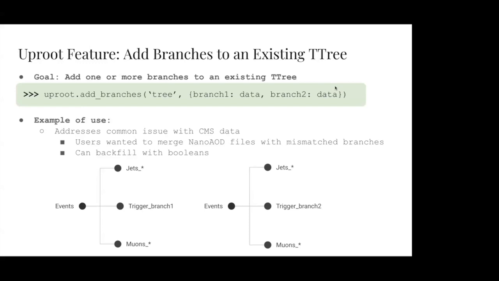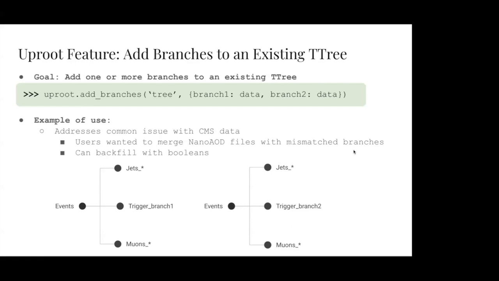So yeah, here's the specific example that initially started this project. There's a common issue with CMS data. Users wanted to merge NanoAOD files, but a lot of them have mismatched branches. So these are two separate trees, but these two branches are different, and they want both of them in the final file.